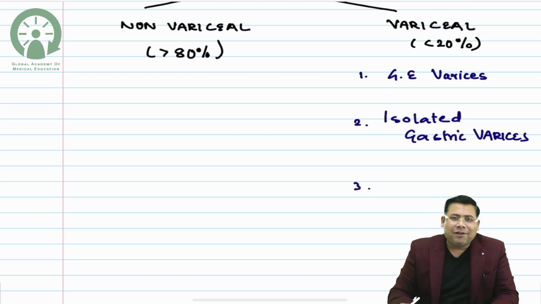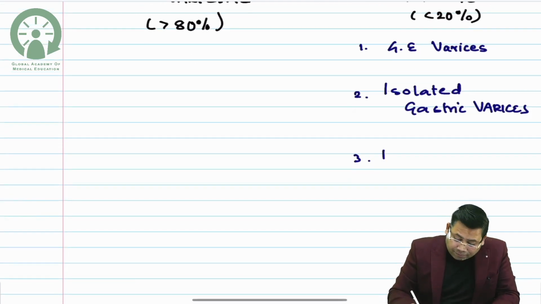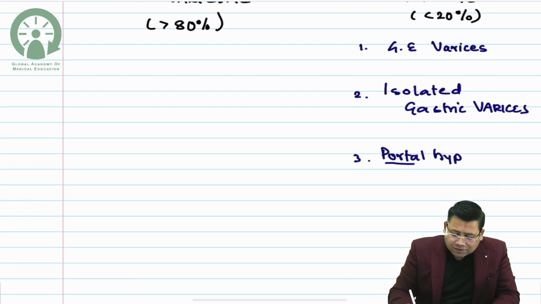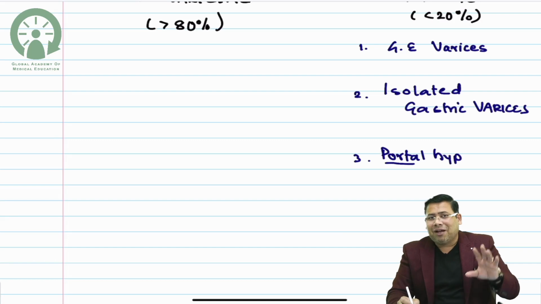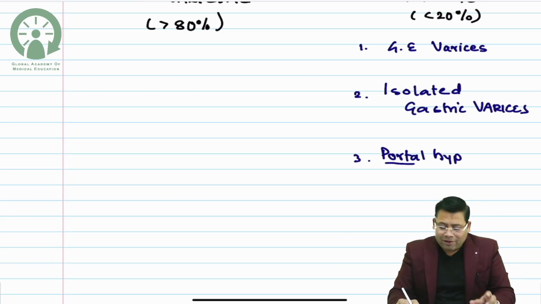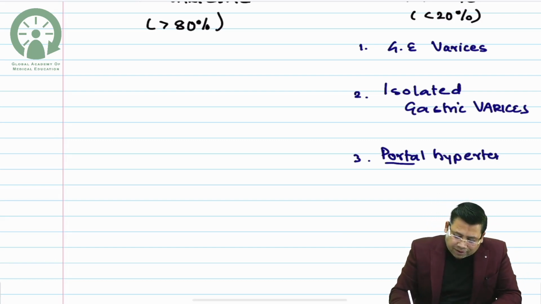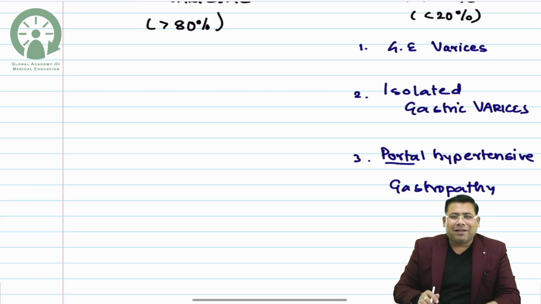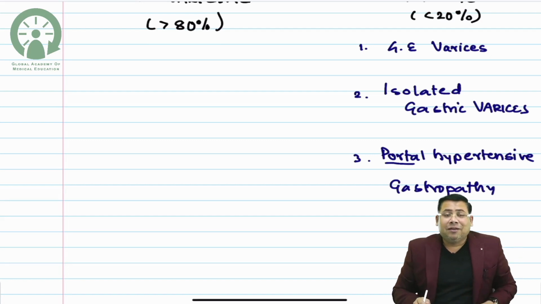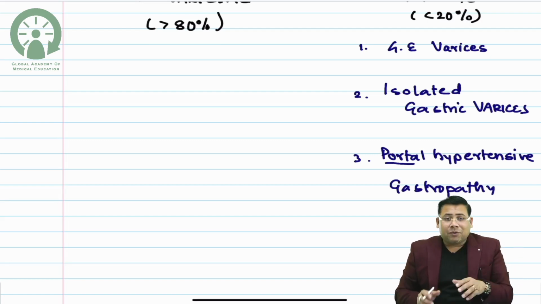The third that you have to understand is portal hypertensive gastropathy. You must have heard that in the proximal part of the stomach, you have the typical snake skin appearance. The classical differential diagnosis of portal hypertensive gastropathy is GAVE, gastric antral vascular ectasia.